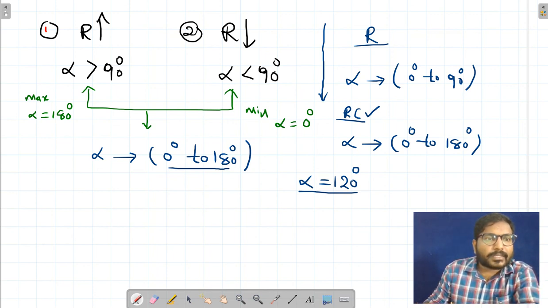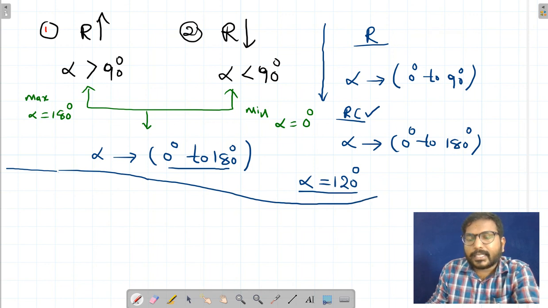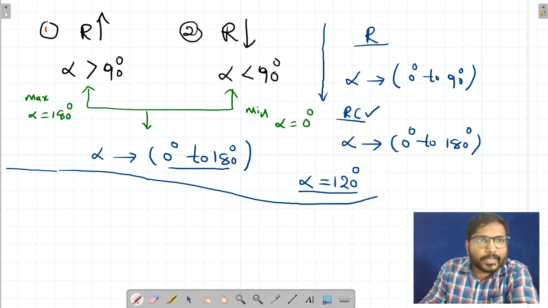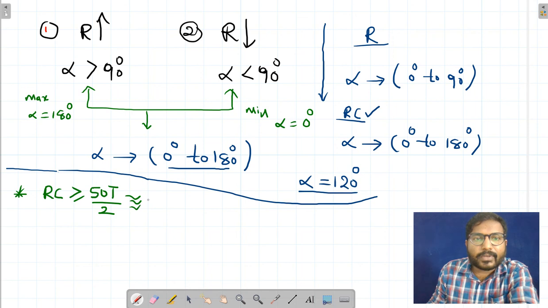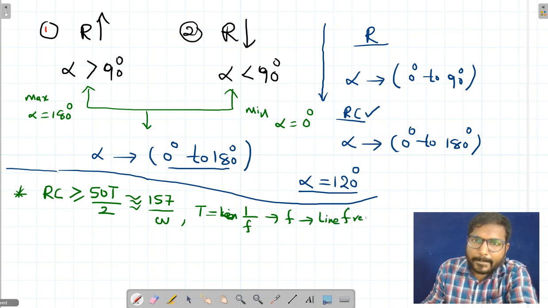And the last point: here are empirical formulas to calculate R and C. Important formulas regarding the calculation of RC: RC is greater than or equal to 50 T by 2, which is approximately equal to 157 by omega, where T is equal to 1 by F, where F is the line frequency, the supply frequency, or omega is the angular frequency.